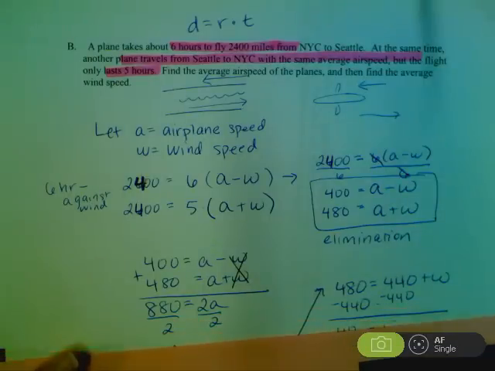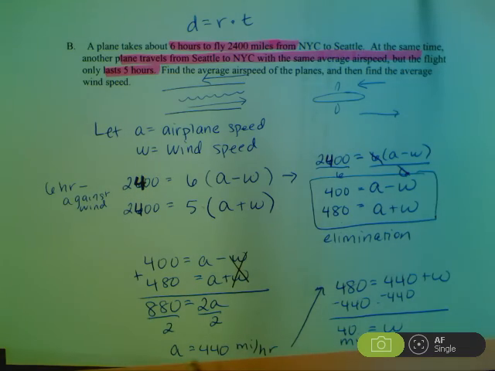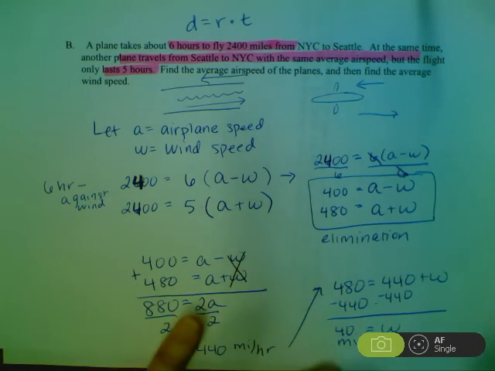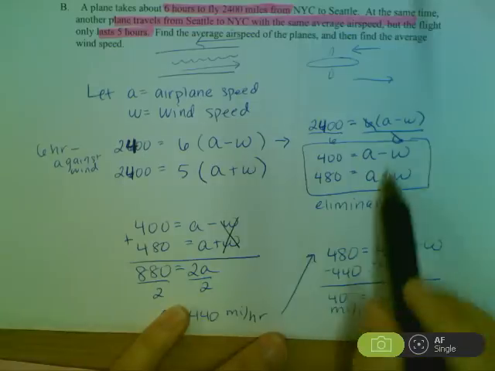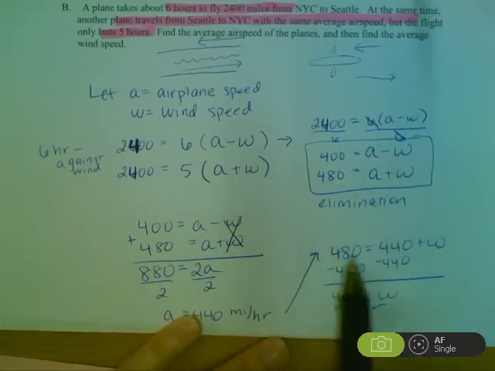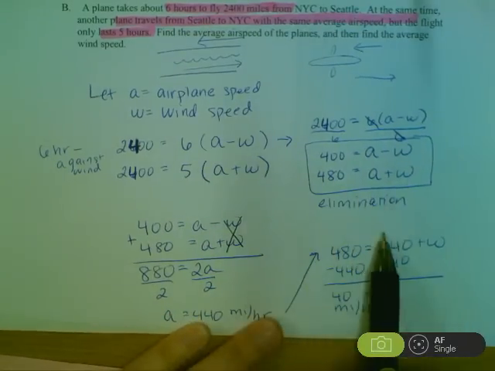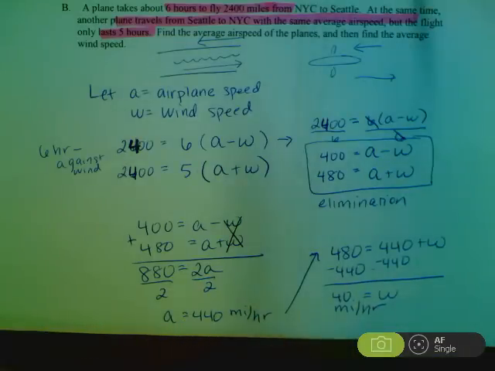Divide both sides by 2, and my airplane speed is 440 miles per hour. Now, if I want to find the wind speed, I'm going to take that and put it into one of my two equations up here. I've selected the second equation, so 480 equals the airplane speed of 440 plus W. Subtract 440 from both sides and you get that the wind speed is 40 miles per hour.